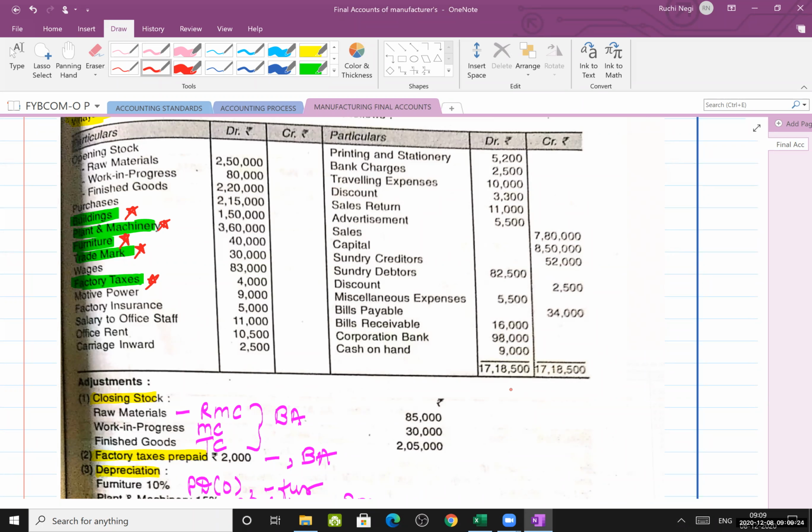Okay, I am again repeating, if you assume that the building is in connection to factory, it's a factory building, you can put the depreciation of factory building in manufacturing account debit side under the heading factory expense. And if you're assuming it to be an office building, then you will have to take it under the heading P&L account debit side under the heading office.